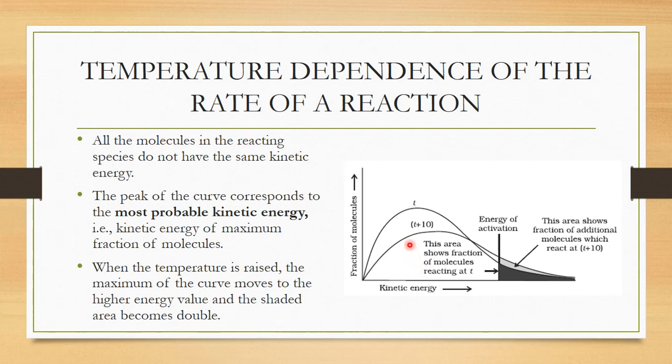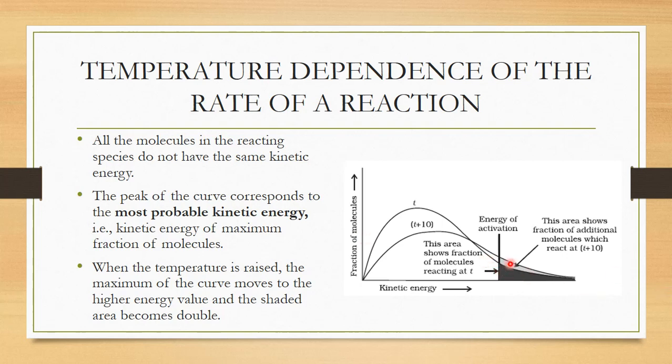Now when the temperature is raised, the maxima of this curve moves to the higher side. This was the maxima, but when the temperature is raised by 10 degrees, the shape of the graph changes. Now the maxima shifts here, meaning kinetic energy has increased, but the fraction of molecules possessing this energy has decreased. Earlier it was at this point, but now it is at this point.